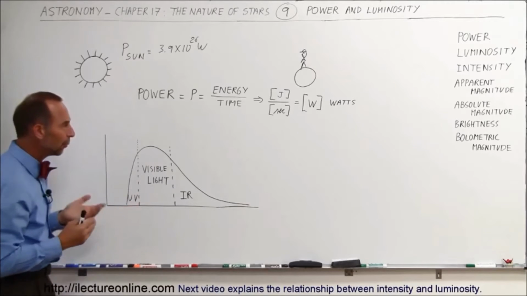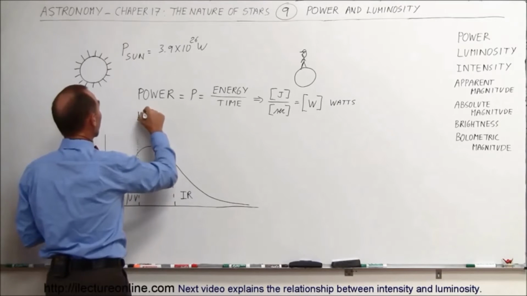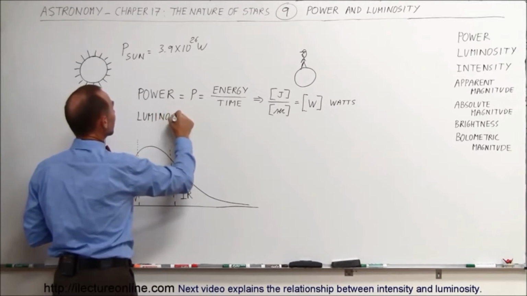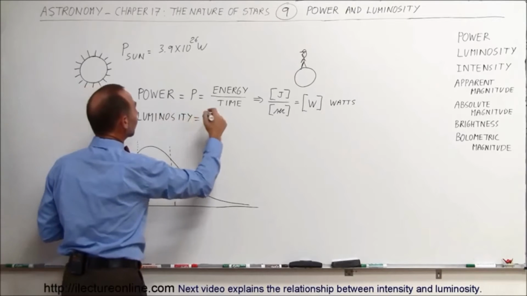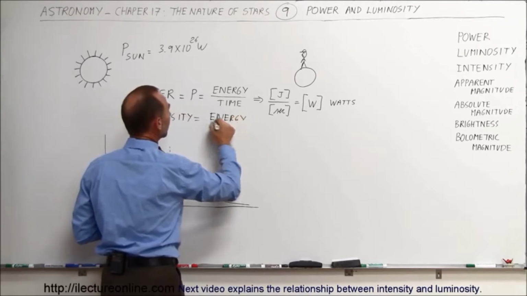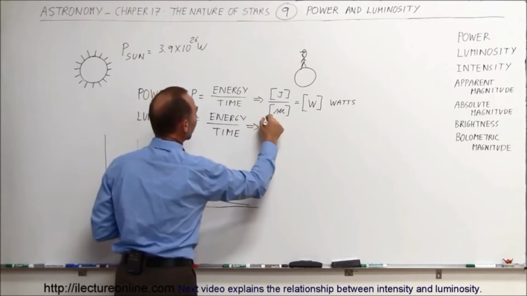Now in astronomy, rather than talk about the power of a star, we tend to talk about the luminosity of a star. And just because we use a different word, luminosity, it is also the energy per unit time, exactly like power, energy per time, and it's also expressed in terms of joules per second.